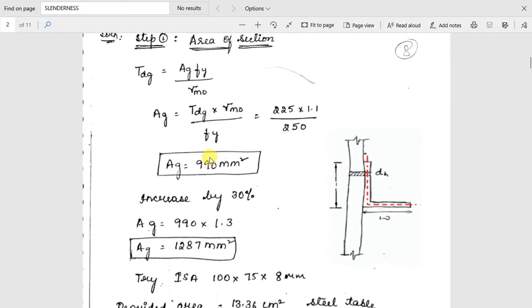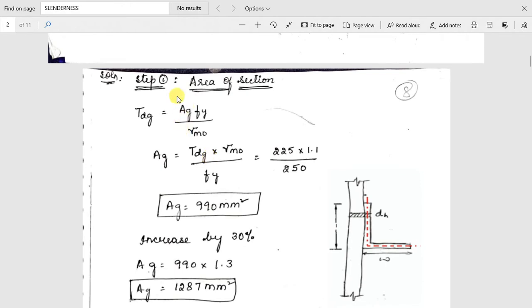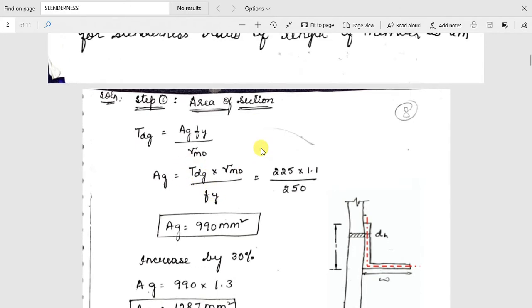So first step is getting the area of the section required. So we will be using this formula here. In this formula we have the gross area. So using this formula we will be calculating the gross area required for the section. If it is interchanged, Ag will be equal to Tdg times gamma m0 by fy. Tdg is nothing but the load acting here.